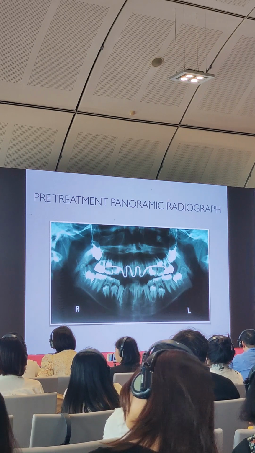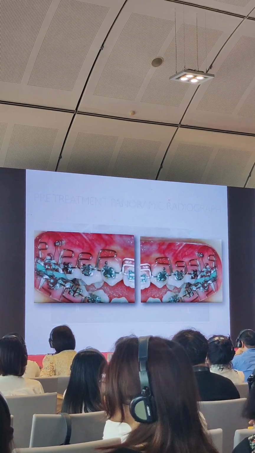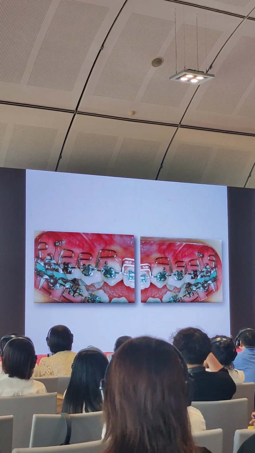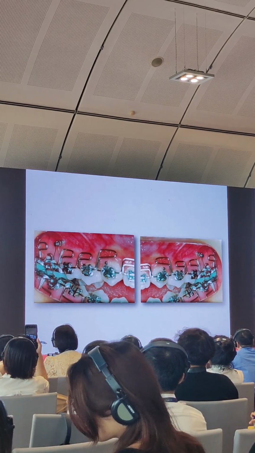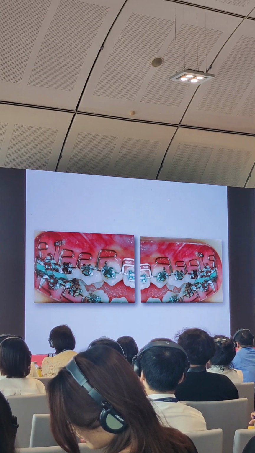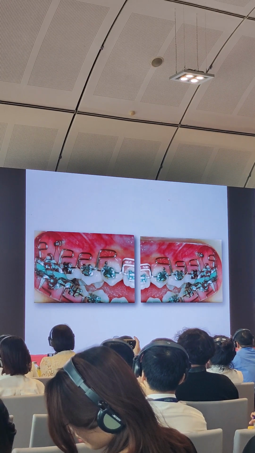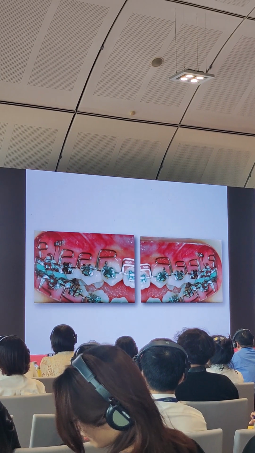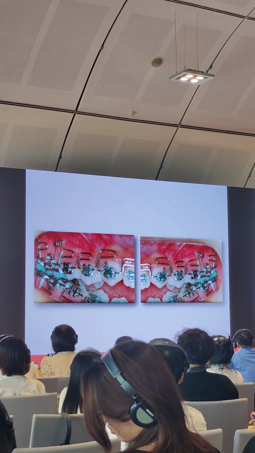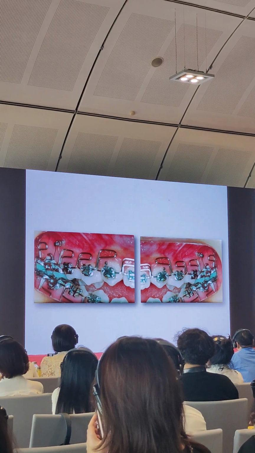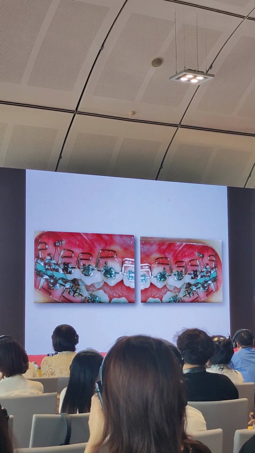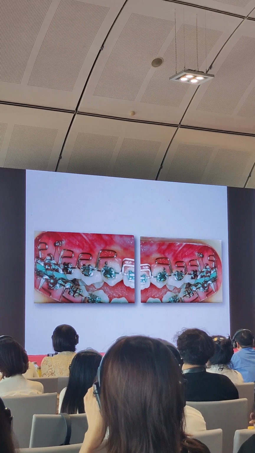When the patient came, I installed the mini implant on the posterior area because I wanted to intrude. Because this was my first mini implant case, I was scared of placing implants on the palatal area because of the many blood vessels and nerves on the posterior area, and I was still hesitant.